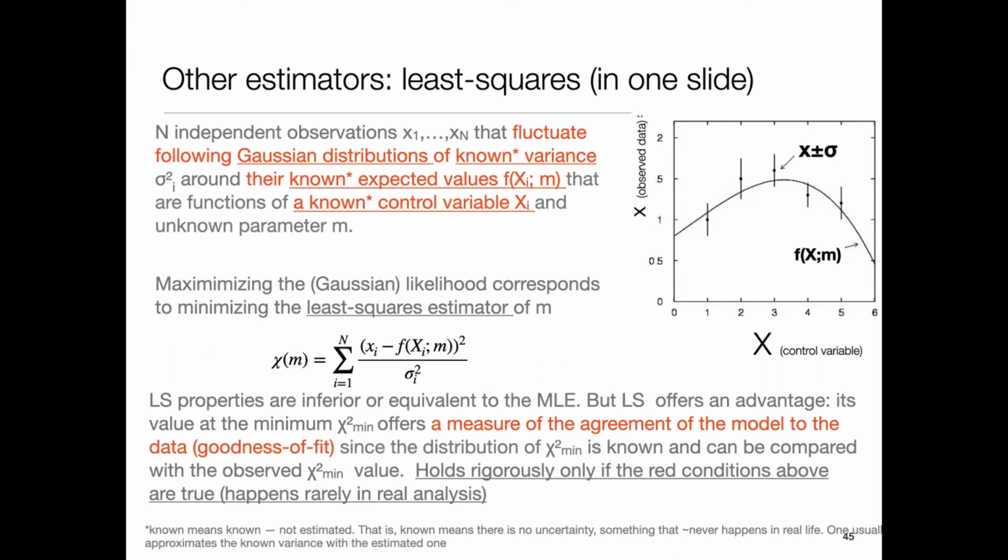Basically, if you have n independent observations, x1, x2, up to xn, and they fluctuate following a Gaussian distribution of known variance sigma squared, around their known expected values that are functions of a known control variable X, then maximizing the Gaussian likelihood corresponds to minimizing the least squares estimator.